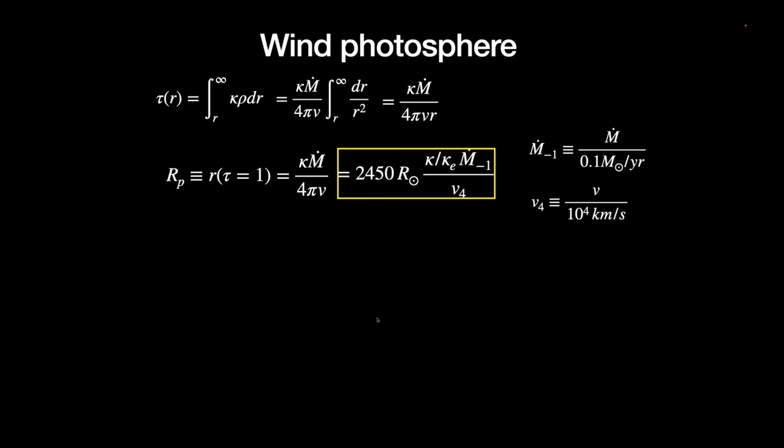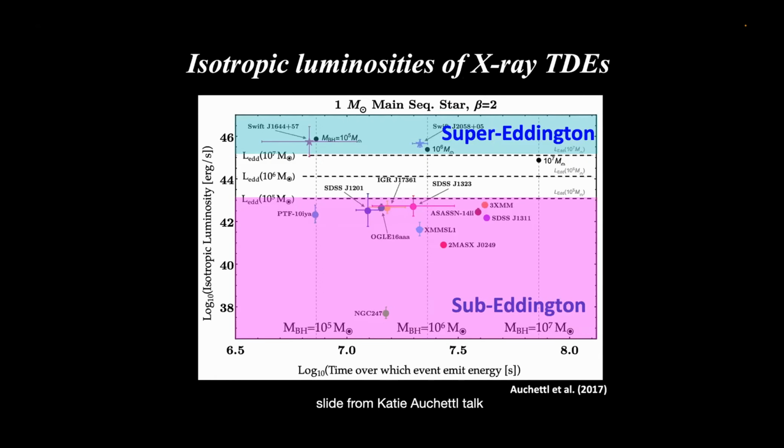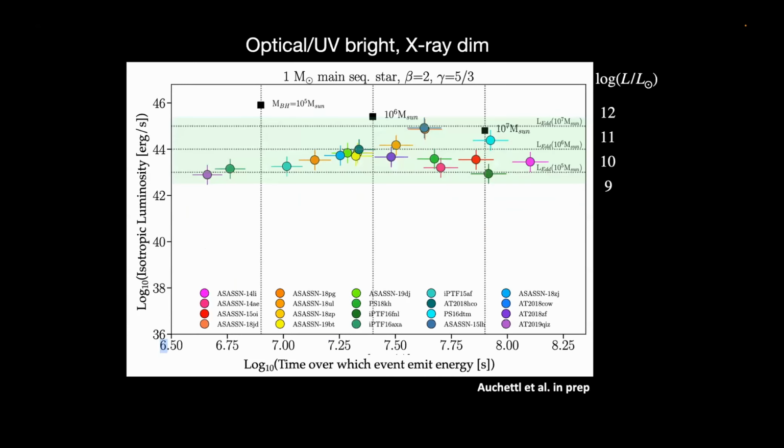One of the things I would say is that this diagram here would be really nice if, since this is supposedly the time over which the event evolved and it's supposed to be a proxy for mass, it'd be nice to just make the Eddington luminosity go up there. You can see there's a bit of a trend.